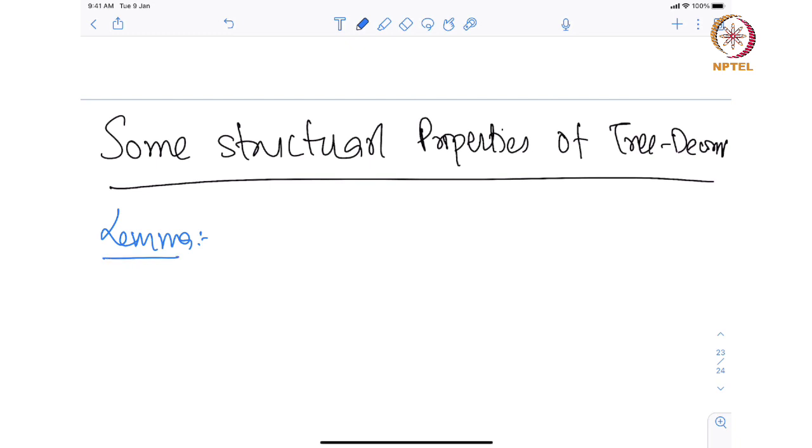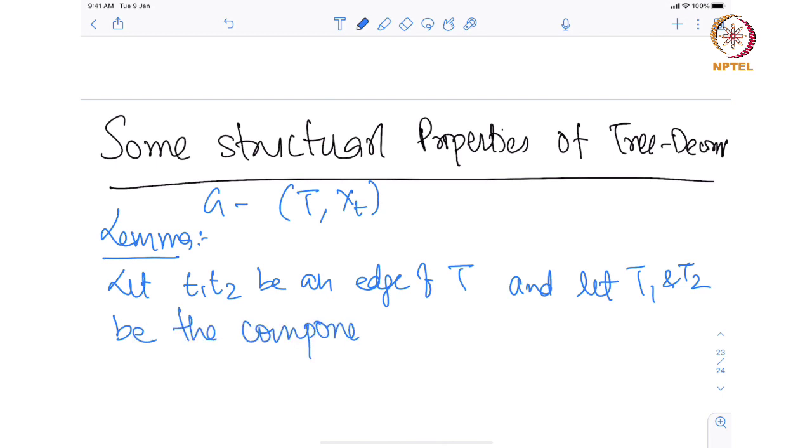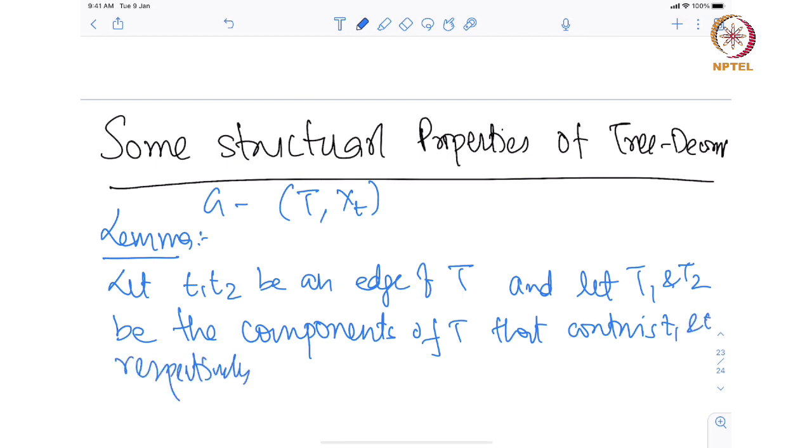Okay. So from now onwards, you have a fixed graph G, and we are talking about a fixed tree decomposition Xt. Let T1, T2 be an edge of T, and let T1 and T2 be the components of T that contain T1 and T2 respectively.